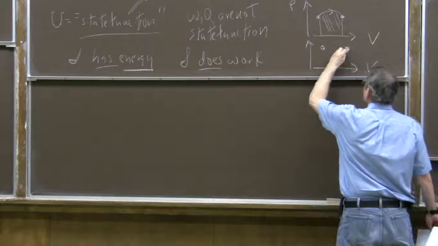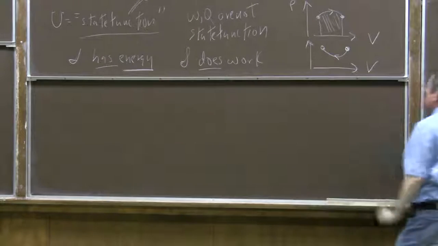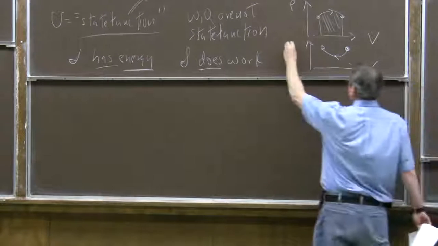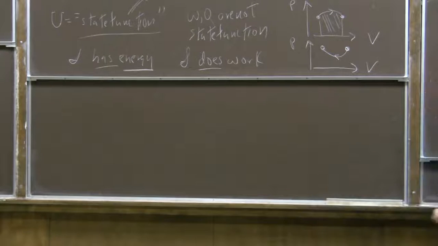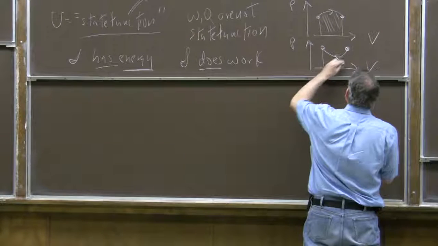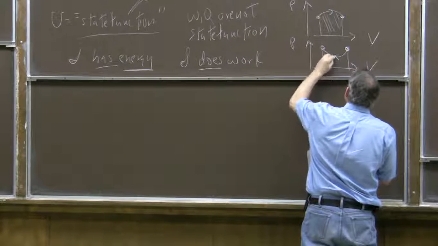And let's say it changes back like that, with the pressure varying as a function of the volume in the way I've indicated. And so this is now going to describe work done on the system, negative work done by the system, because the system is being compressed, and the total work done is the area under this curve.